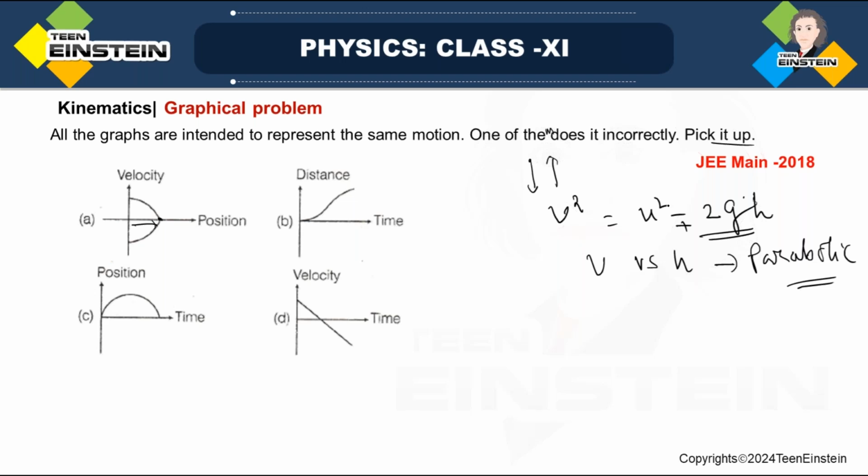If it is coming down or dropped from a certain height, then the slope will be positive. This is representing the motion with constant acceleration or deceleration. So this is option A.